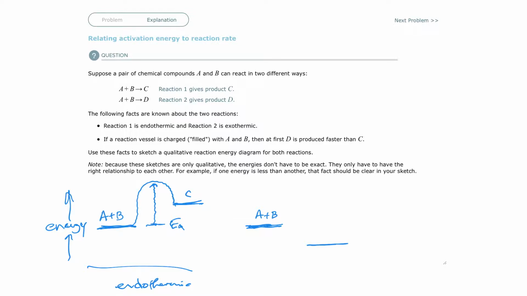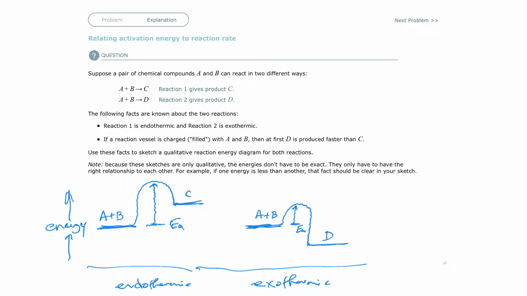That's exothermic. The activation energy is the barrier between the first and the second. Your activation energy here is lower because you're not going from the bottom, you're going from your reactants up to the top of that. So this would be E sub A, and this would be D. So A plus B to D.